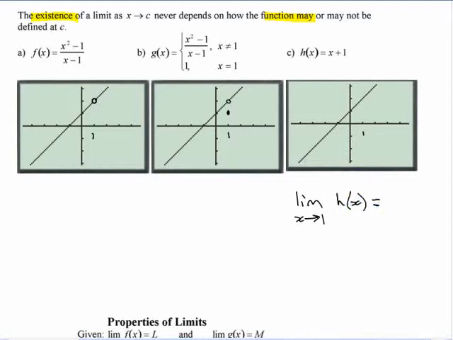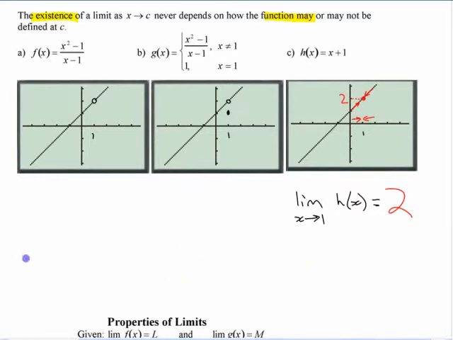Where does that function head for as you get close from either side? This is zeroing in on what value here? 2, right? This limit is 2, because the closer x gets to 1, the y value gets closer and closer to 2.